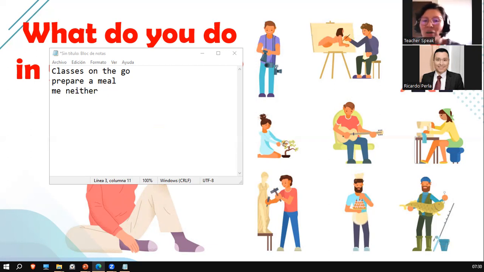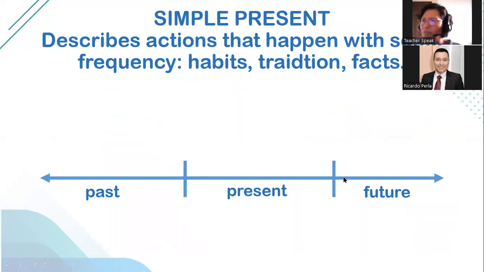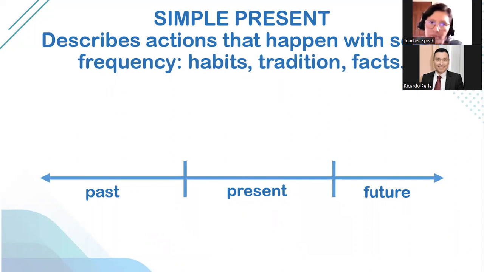So, the reason why I'm asking you the question is because in a way, we're going to be working also with present simple. Whenever we talk about present simple, we talk about actions that happen with some frequency. So here we have three different points that we need to pay attention to. The first one is habits. Those are things that we do every day.